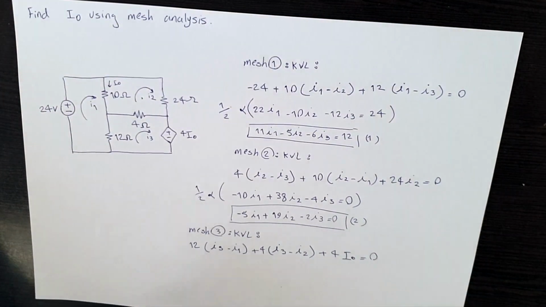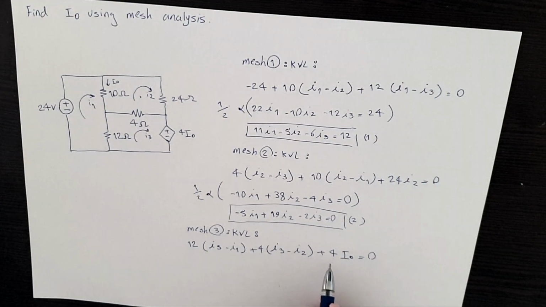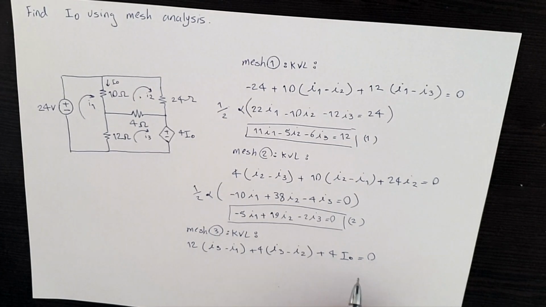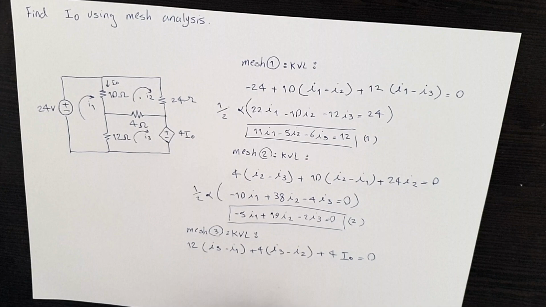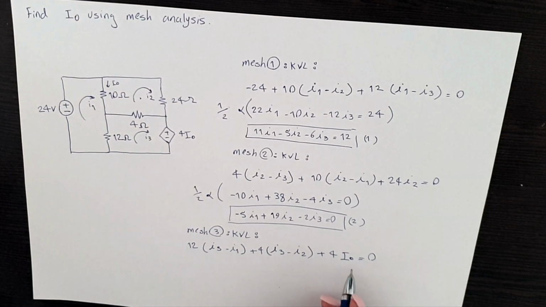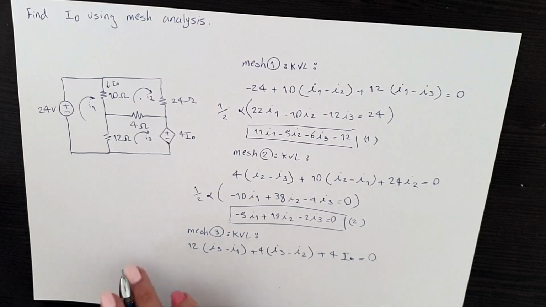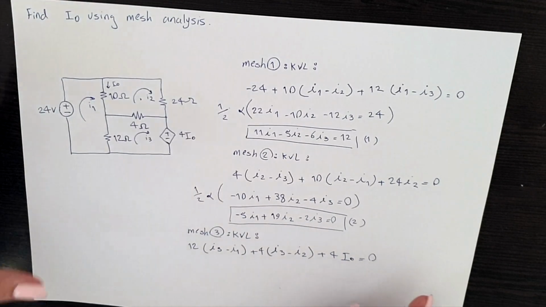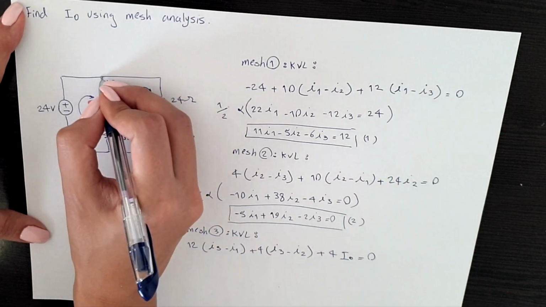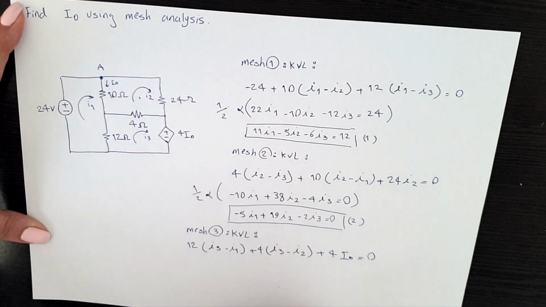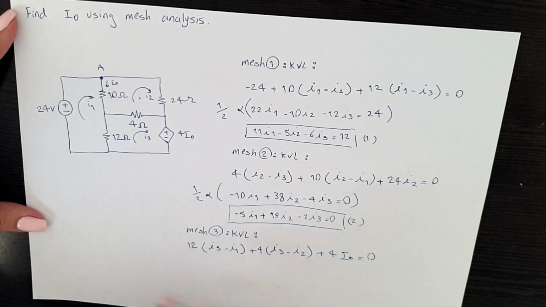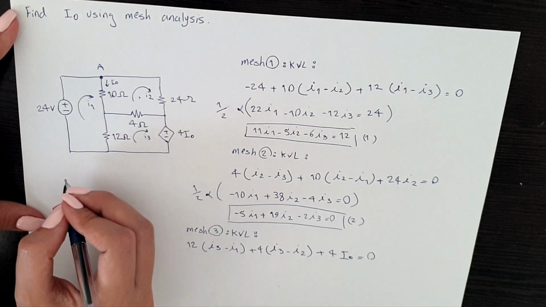So here, in order to find this number, I0 is going to be a fourth variable, and we can only have 3 equations. So in order to make this equation with only our 3 variables, we are using node analysis.